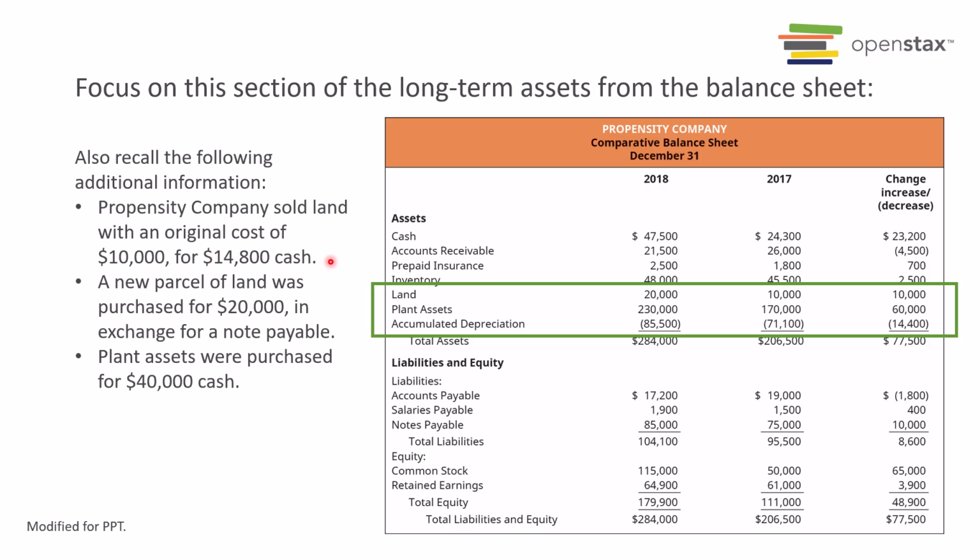So we'll use that information as we go forward. They also bought a new piece of land for $20,000 and they paid for that with a notes payable. And then they have plant assets of $40,000 cash that they bought.